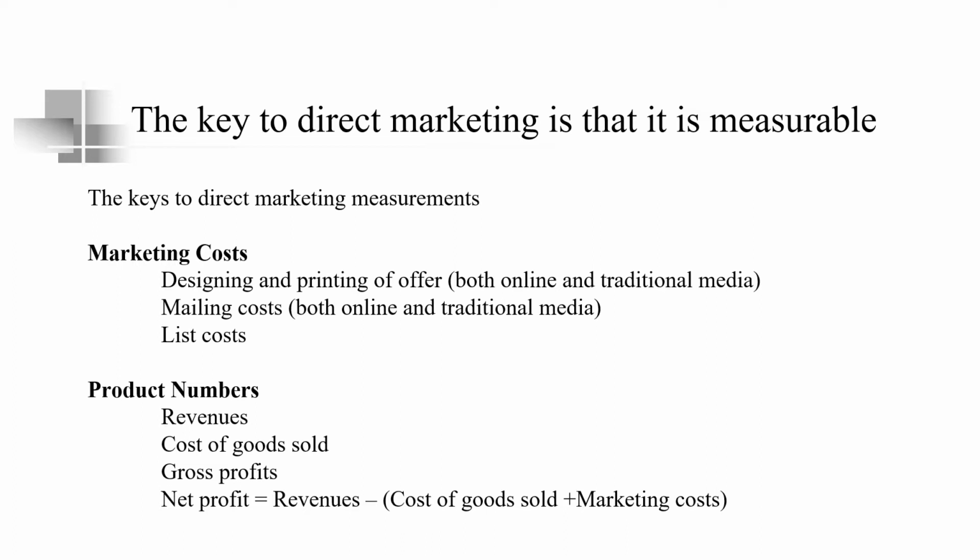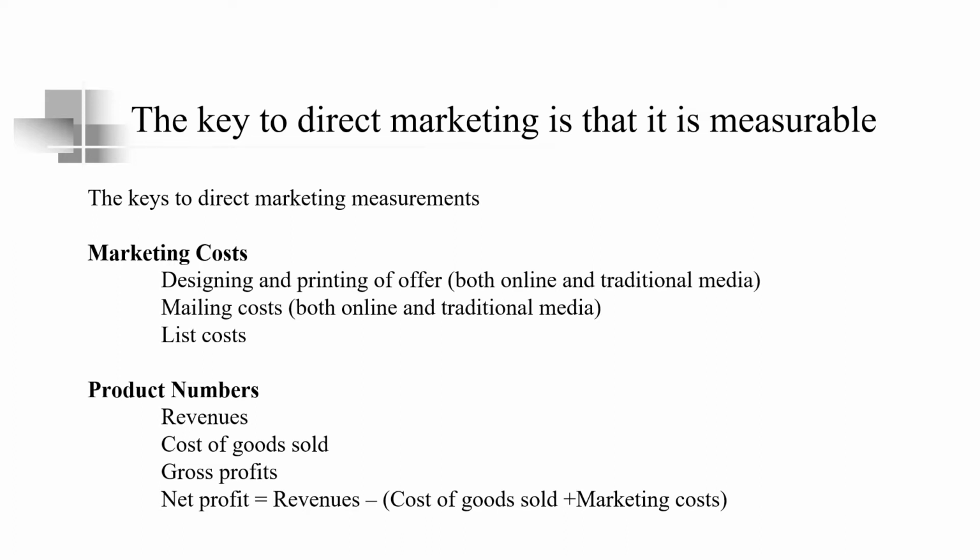The key to direct marketing measurements are the marketing costs, that is the cost of designing and printing an offer, both whether it's online or traditional, mailing costs, and any list costs that you might incur. Product numbers include revenues, cost of goods sold, of course, the gross profits, and then of course net profits associated with the individual product offerings.